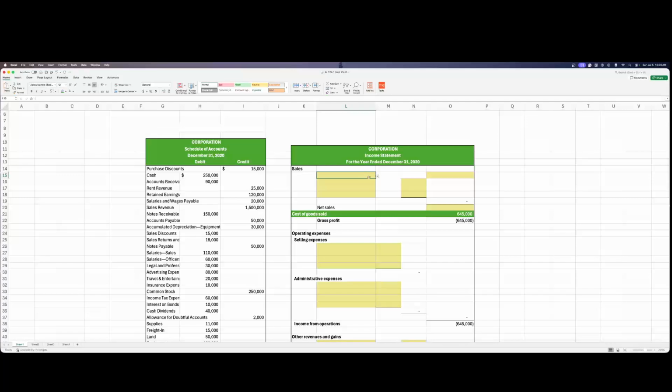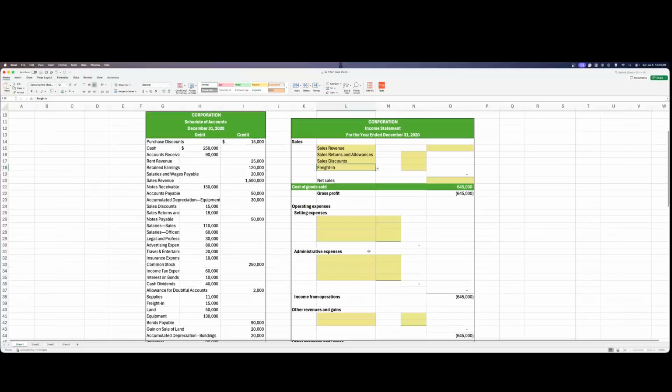So first thing first, sales revenue, and then you have the returns and allowances, and the discounts, right? And then you have freight-in, which a lot of times you're not going to see.